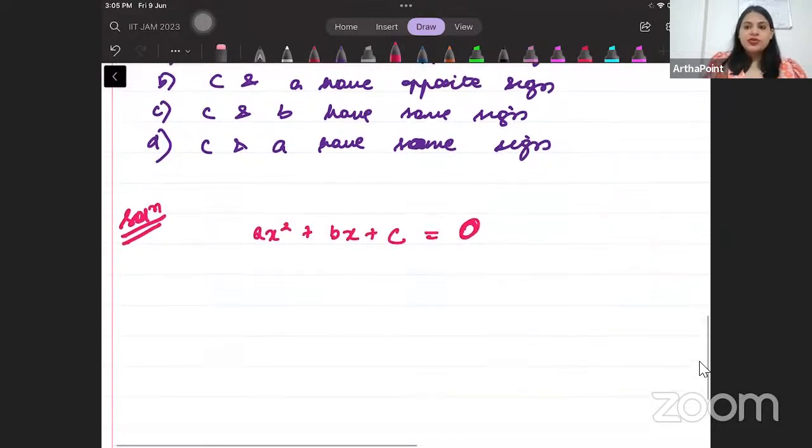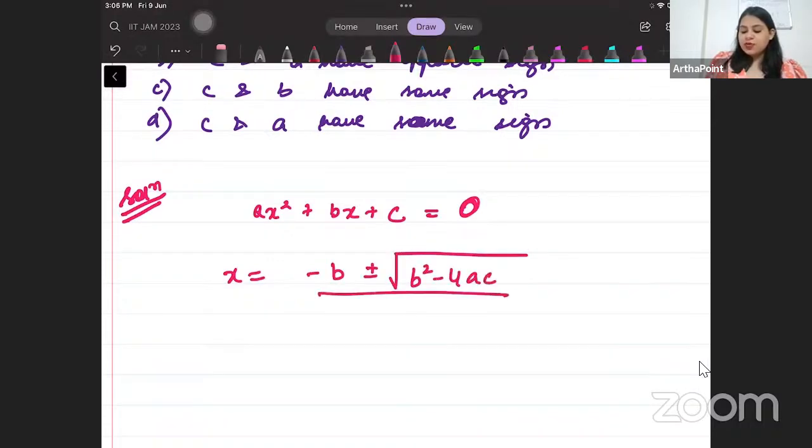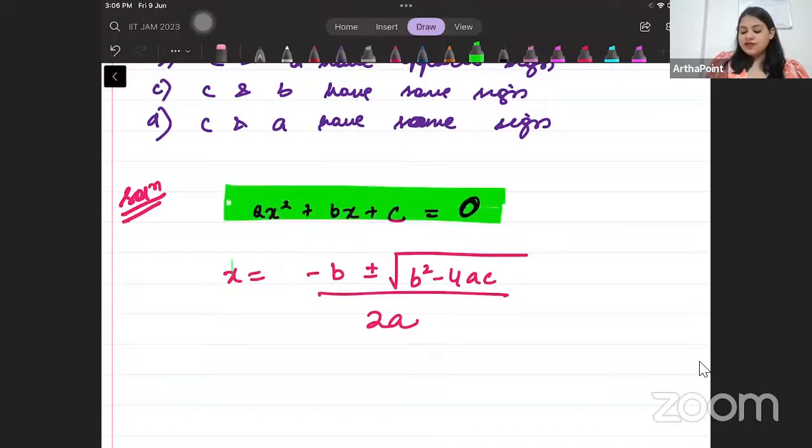One more way to solve for that x is by saying minus b plus minus root b square minus 4ac by 2a. From this equation also we get those x's which put this equation as 0. So one way to find the value of x such that this equation is 0 is by using this formula.